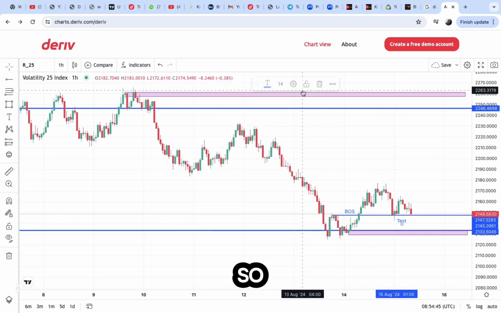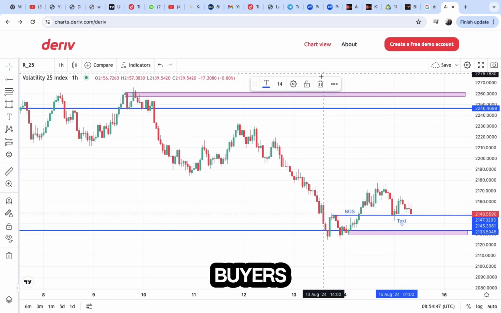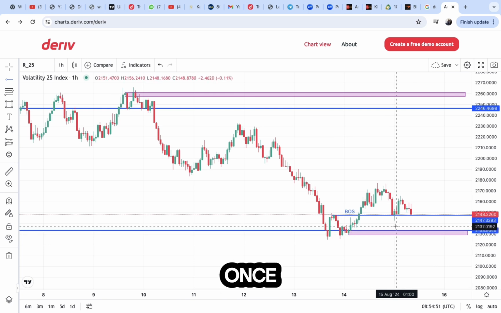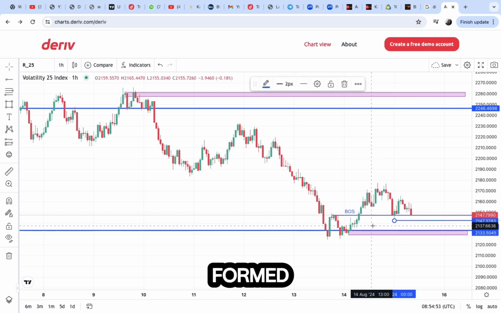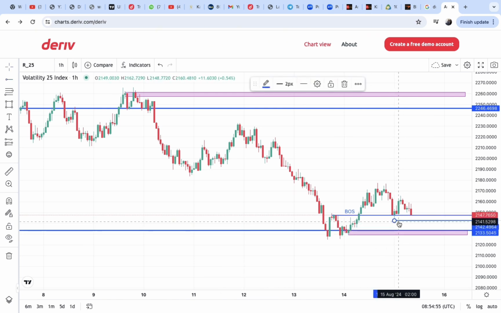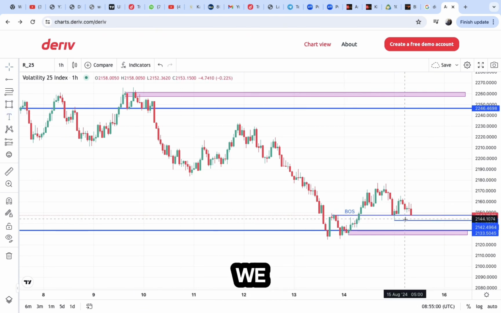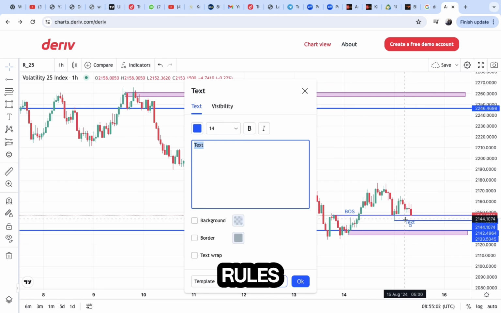You get the point? In most cases, buyers will rush to buy from that level. So once you see a pin bar formed but not touching your demand zone, based on our rules, don't rush to enter that trade.